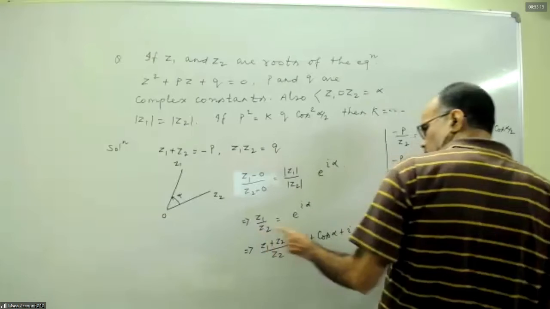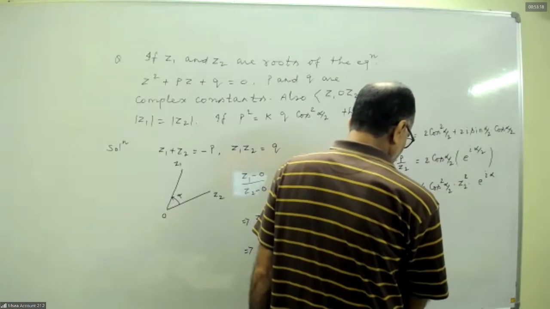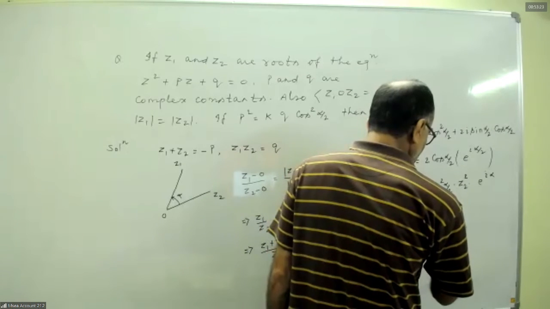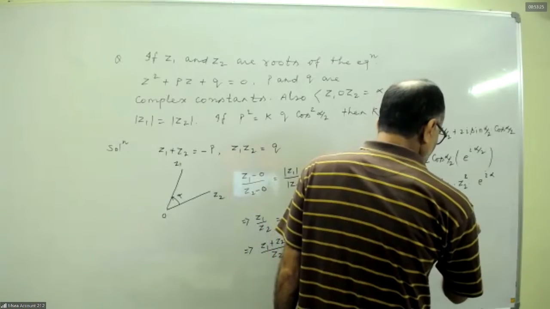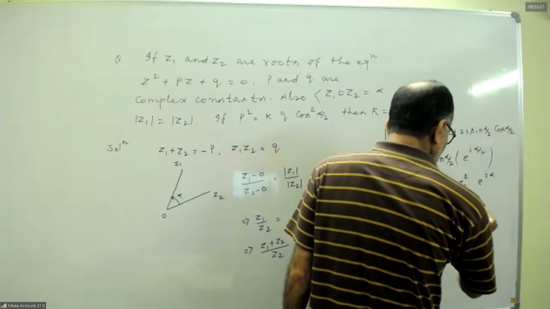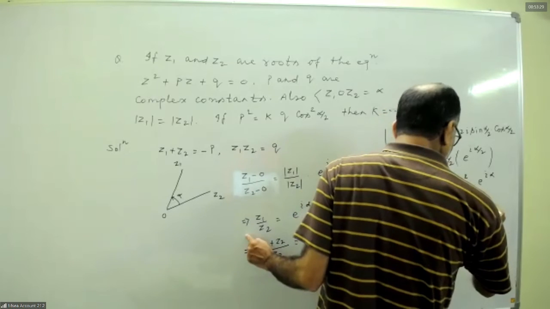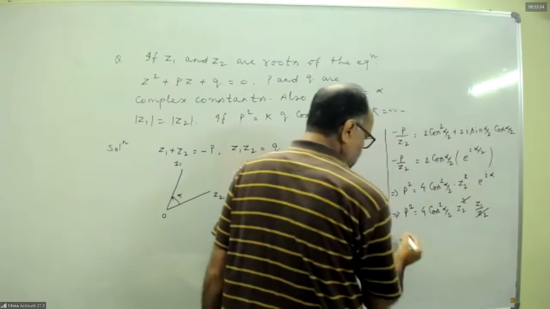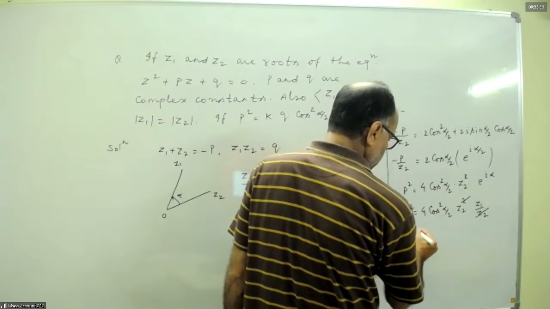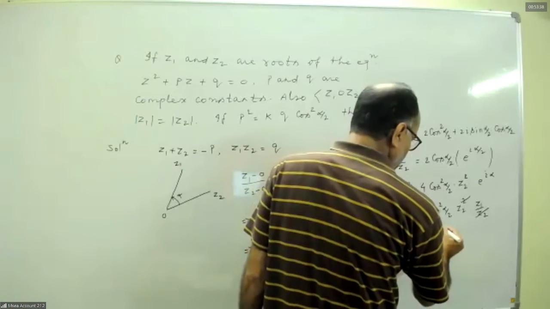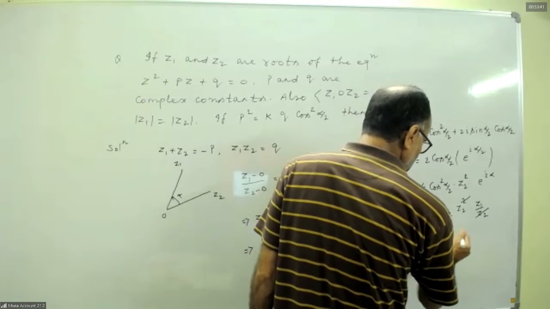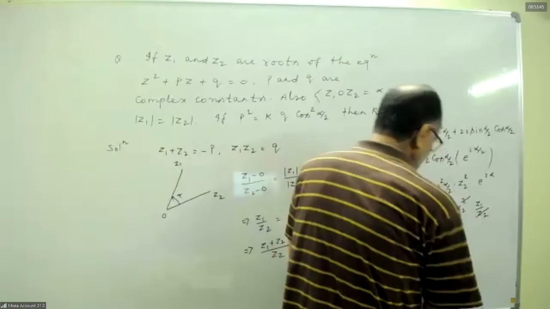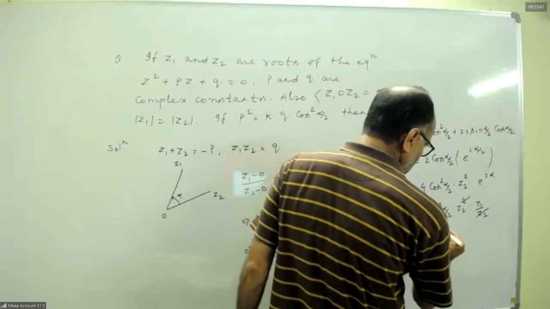From here, e to the power I alpha is Z1 by Z2. So P square equals 4 cos square alpha by 2 into Z2 square into Z1 by Z2. Cancel out. Z1 Z2 is Q. P square equals 4 cos square alpha by 2 into Q.